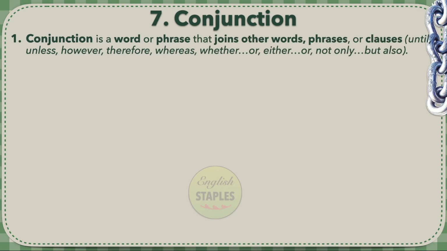Let's look at the seventh part of speech, conjunction. When I hear the word conjunction, I think of a chain. I also think of the links. The reason why I think about a chain is because of the job that the conjunction does.